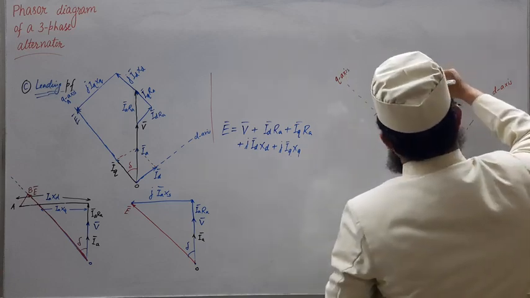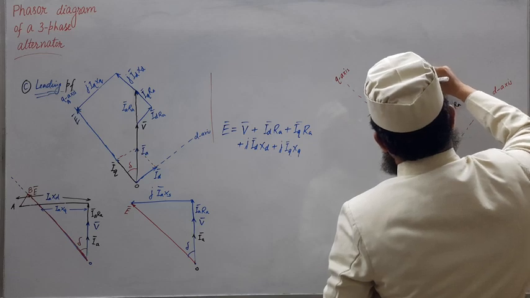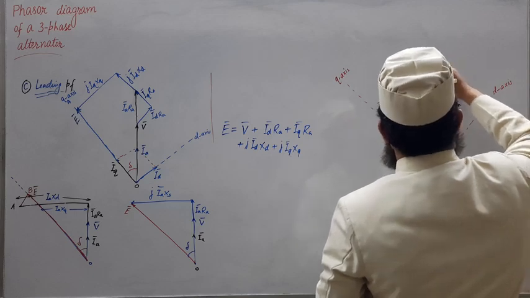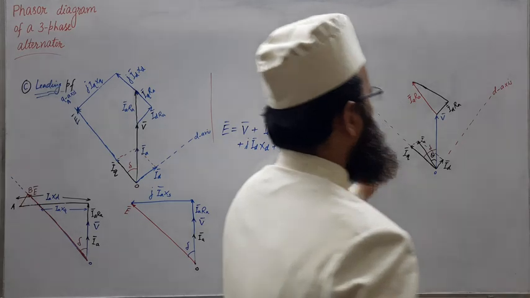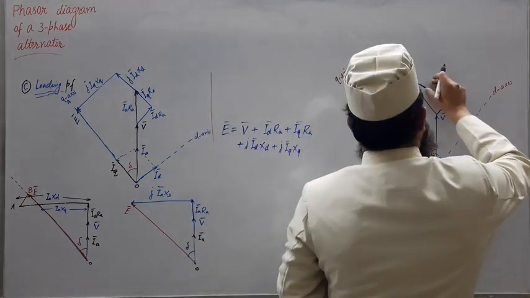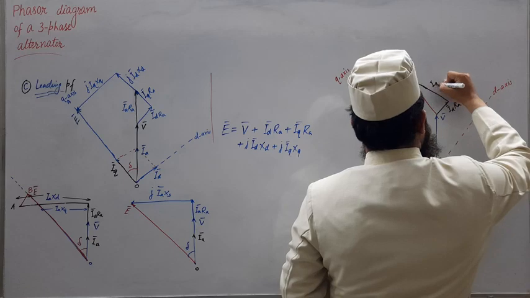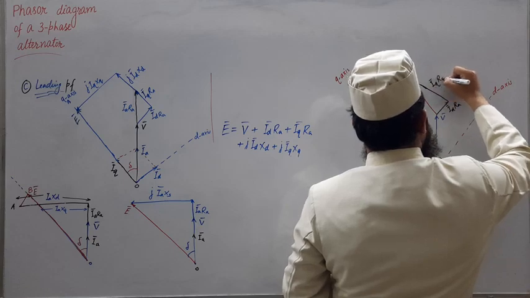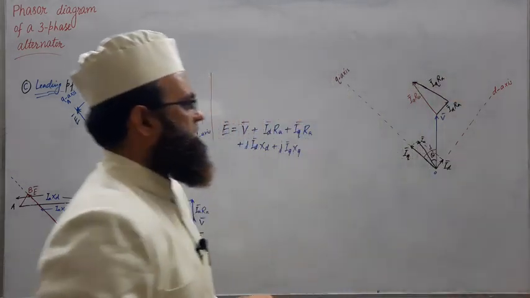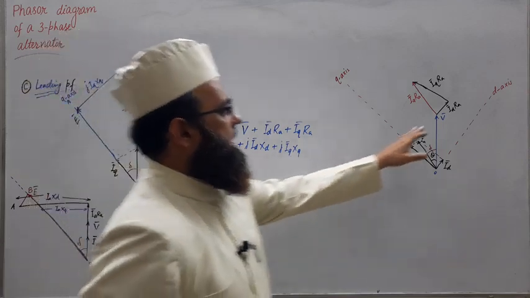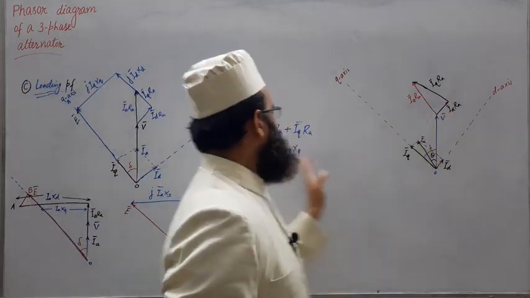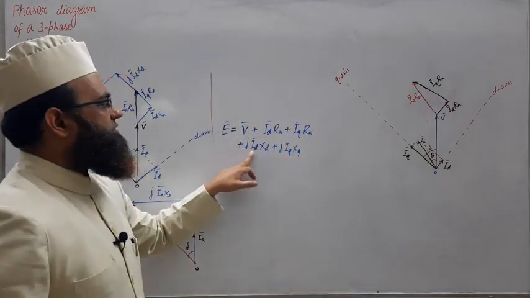Once we select a suitable scale, all these conditions will be satisfied easily. So we are drawing roughly. So this will be IQ RA drawn, that is, we have drawn V plus ID RA plus IQ RA plus J times ID XD.